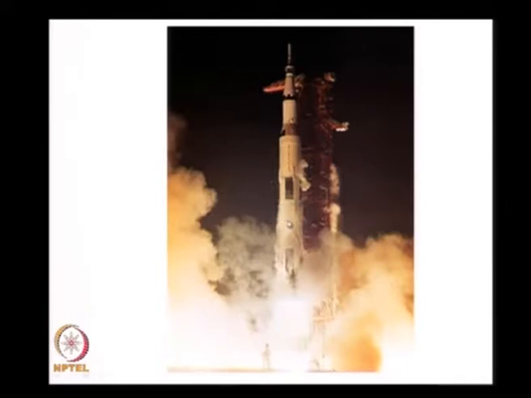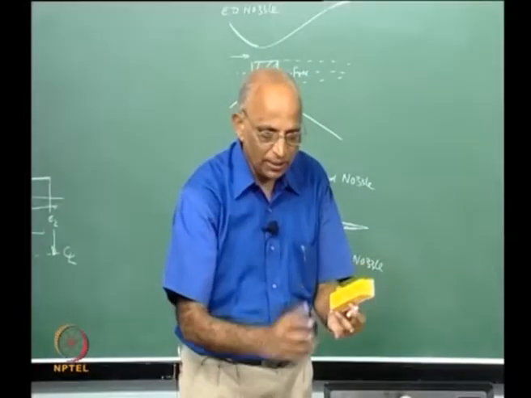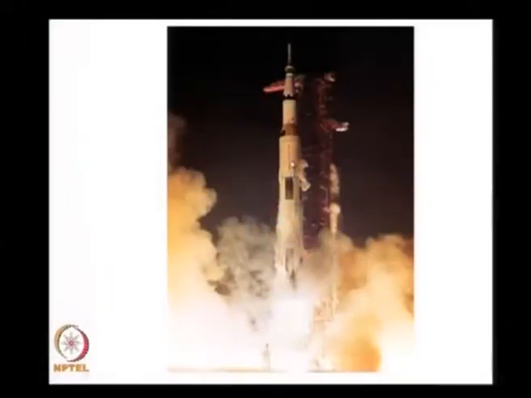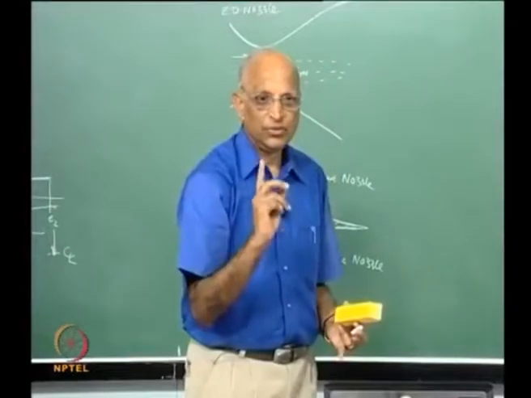It uses kerosene as fuel and liquid oxygen as oxidizer. The second stage consists of 5 engines again, known as J2 engines. I will get back into the details of this. 5 J2 engines clustered together. This uses liquid hydrogen and liquid oxygen. The third stage consists of one single J2 engine.